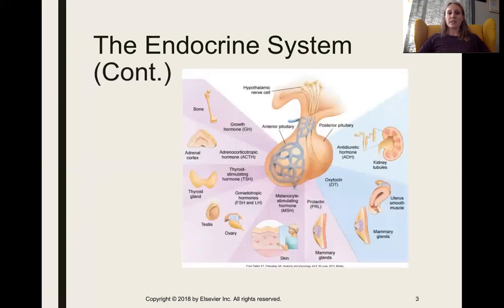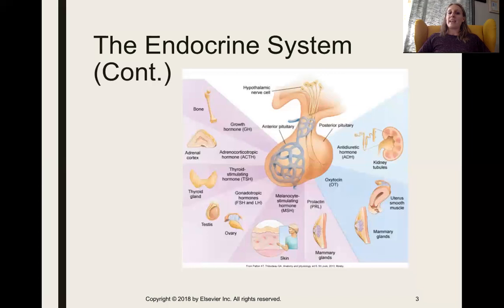If you take a look at this, it's a great picture because it really divides up the anterior pituitary and the posterior pituitary and what the two different glands innervate and what they release. You can see the posterior pituitary is really responsible for the antidiuretic hormone and for oxytocin. And as we've discussed in our maternity area, oxytocin is an important hormone related to a lot surrounding childbirth and feeding of the baby.